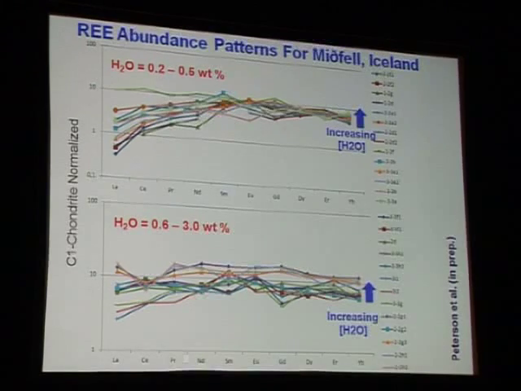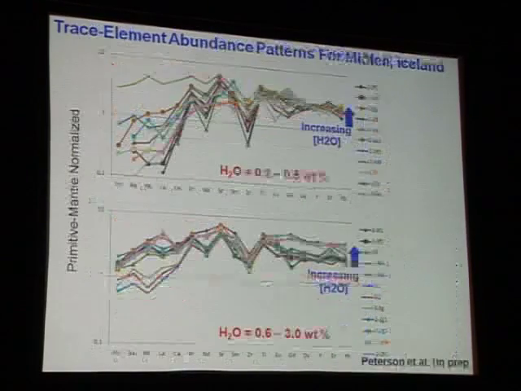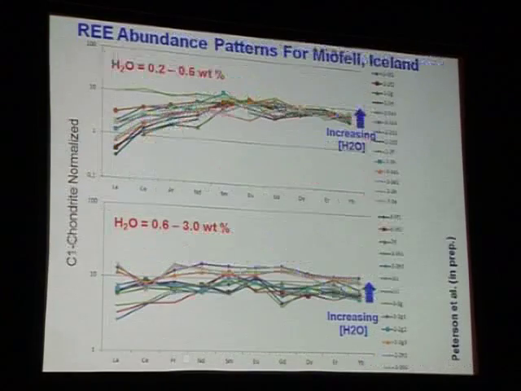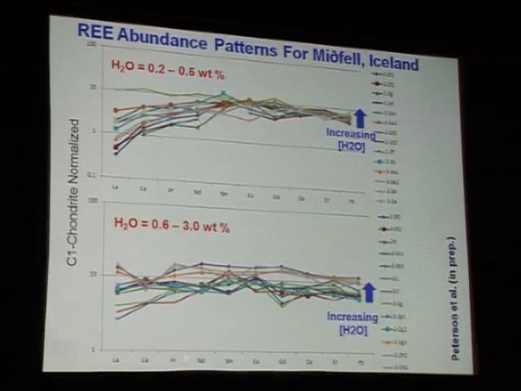And the thing that strikes you right away is that the water-rich melt inclusions actually have light rare earth element depletions that are considerably less than the light rare earth element depletions we see in the water-poor melt inclusions. This is chondrite normalized, this is a value of 10, and this is a value of 1.